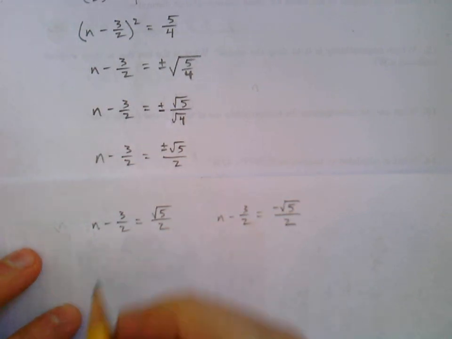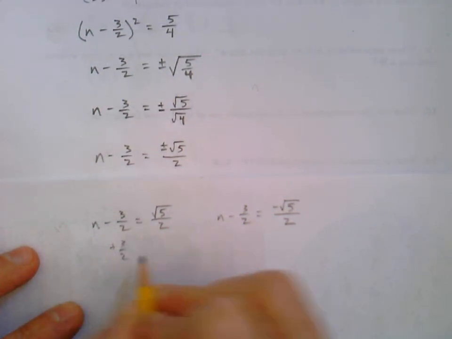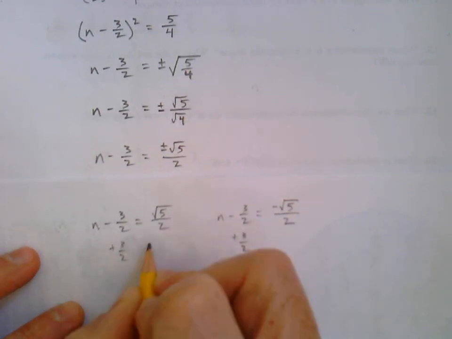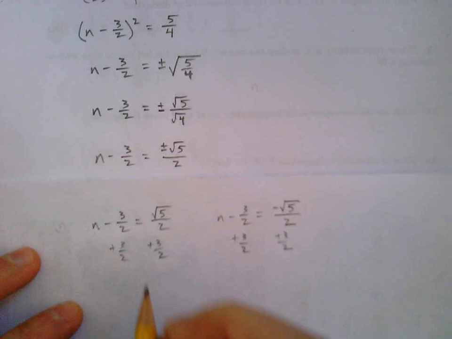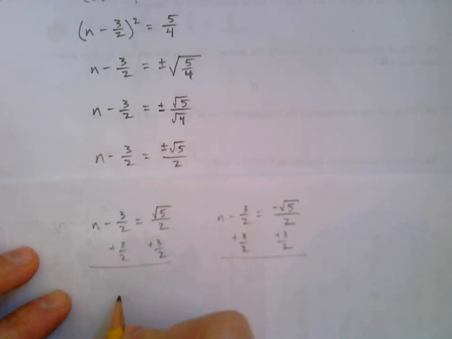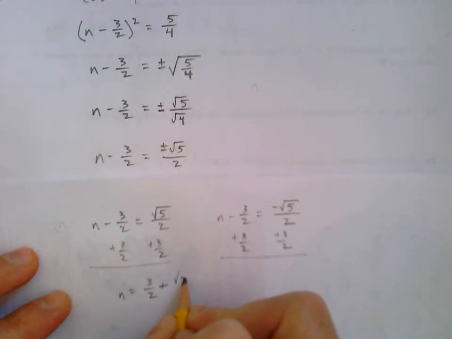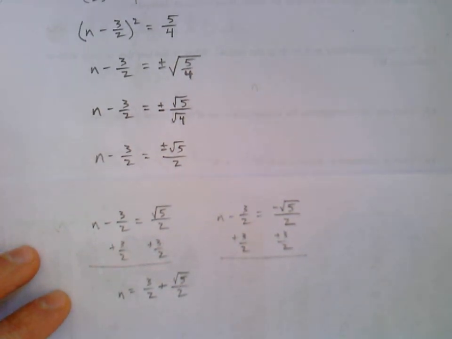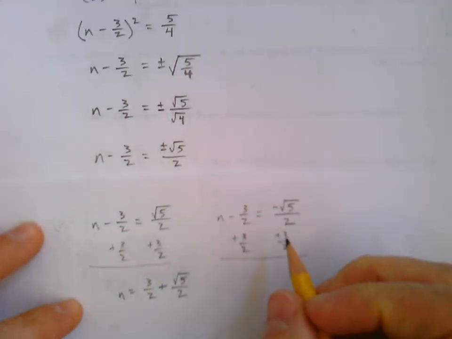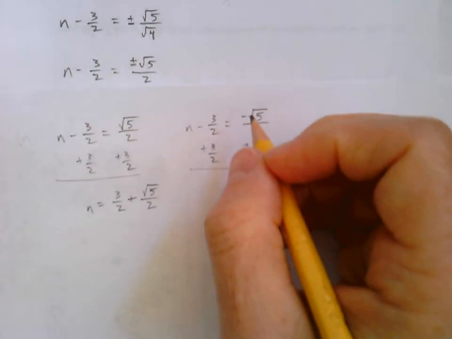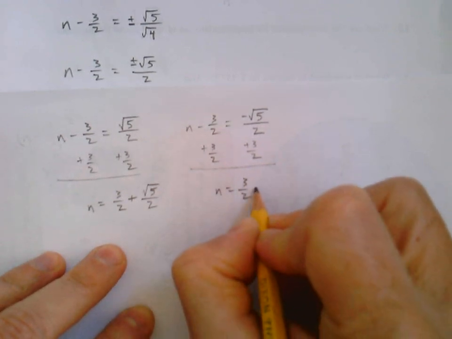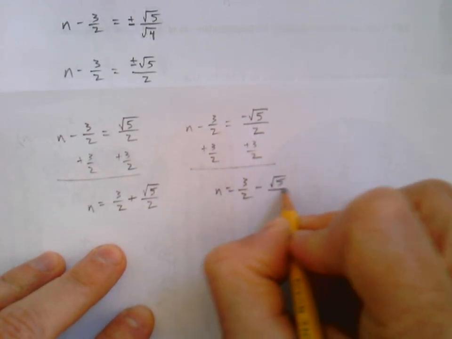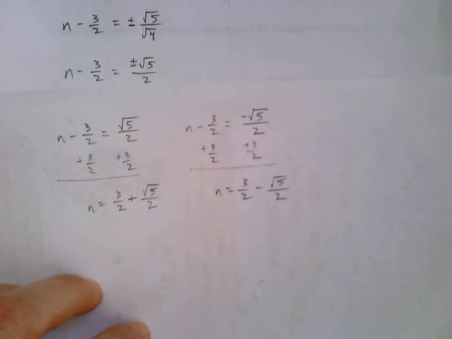And where could we go from there? Well, we can add 3 over 2, right, in both cases. Like so.